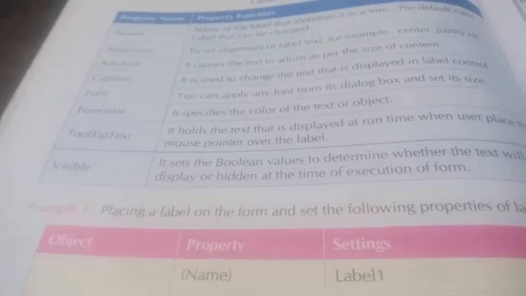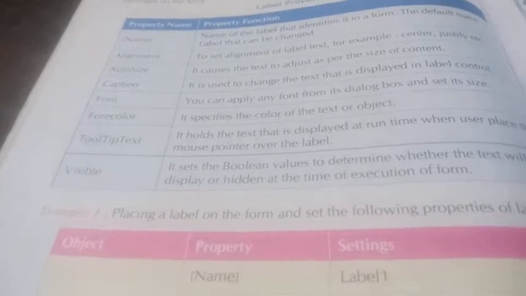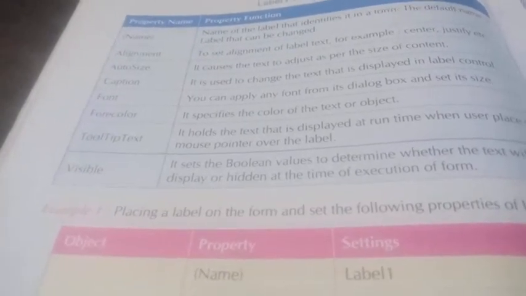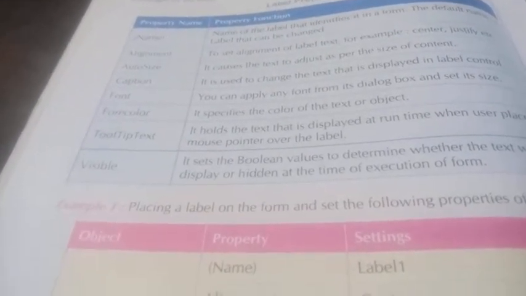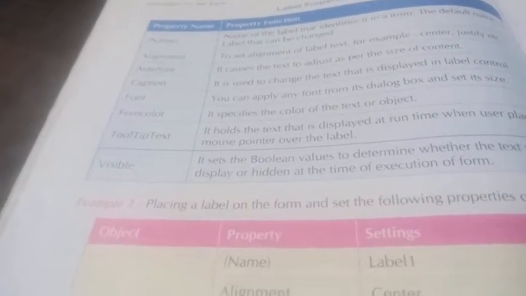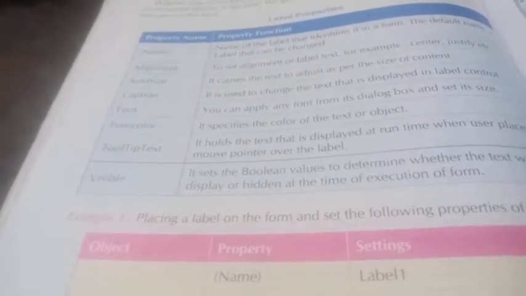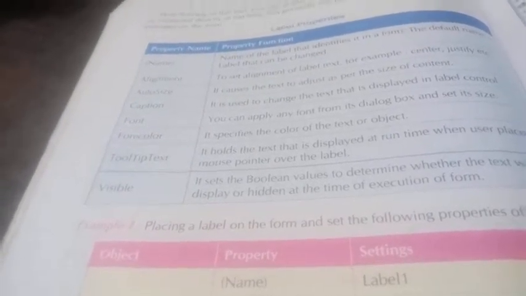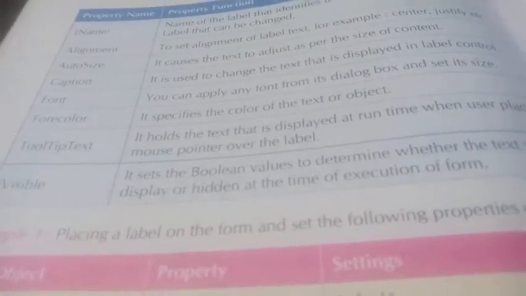For example, if you move your mouse pointer over any type of object, at that time it shows a message. In the real world, take a website like Flipkart. In Flipkart lots of products are available: electronic products, clothes, and lots of grocery products. Flipkart has lots of images of its products.